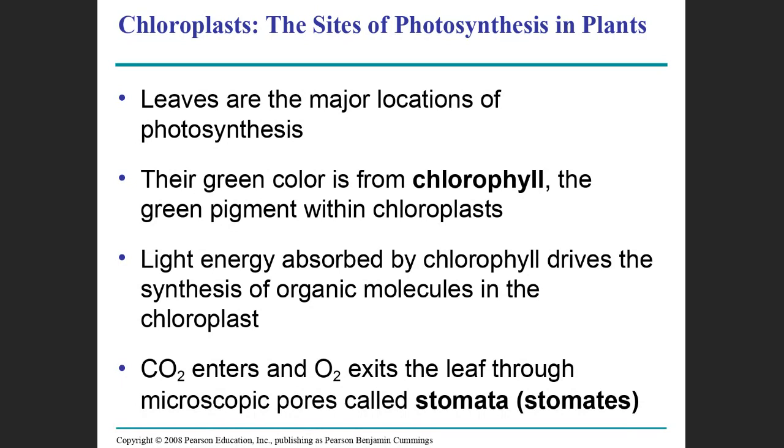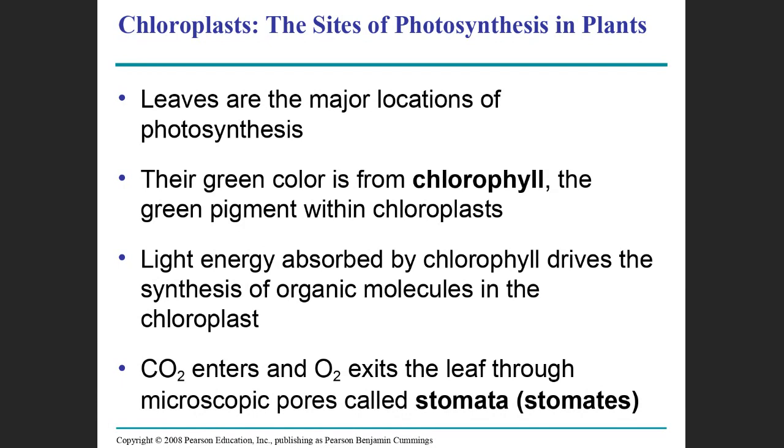But stomate and stomates is a lot easier, especially when we start talking about the inside of a chloroplast, because the chloroplast has a liquid center analogous to the mitochondrial matrix, except it's called the stroma. So stroma and stoma are too close together.